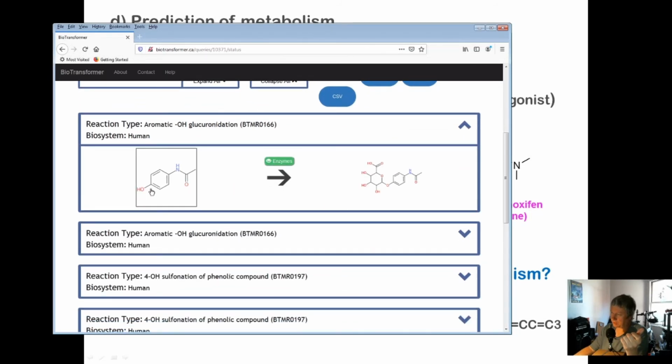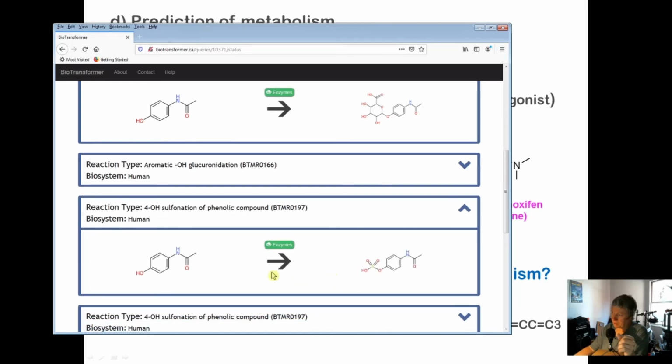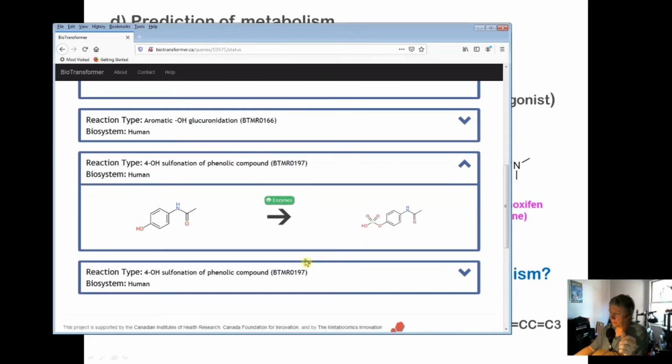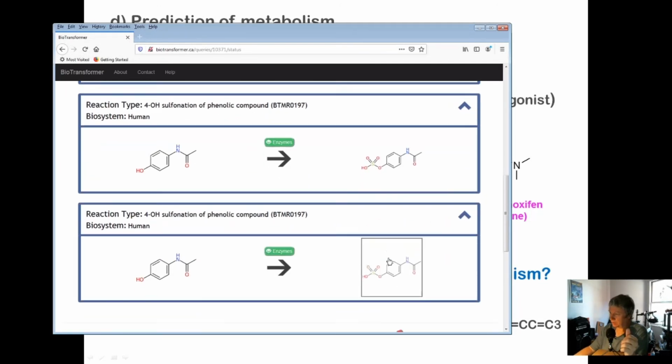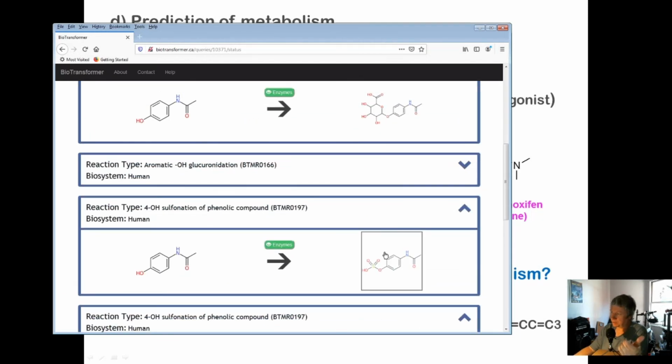So yes, Tylenol could be glucuronidated on the phenol to make this product. These appear to be the same thing. They're both glucuronidation, and then it also predicts sulfonation. So it predicts sulfonic acid formation on the oxygen. Okay. Yeah, and this also. Cool. So basically 2 metabolites, glucuronidation and sulfonation.